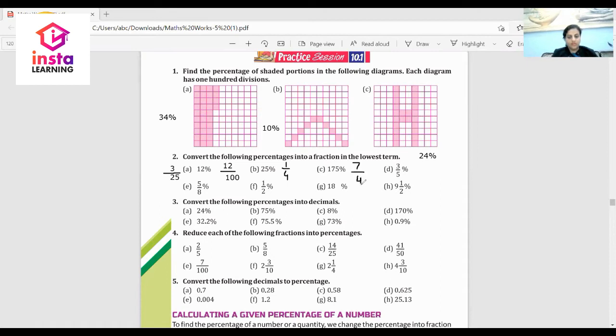And when we want to divide, we have to multiply. So the answer will come here. 3 upon 5 into 1 upon 100 is 3 upon 500. So this is the fraction of percentage. Every time you have to multiply and divide with 100 only. So 5 upon 8 into 1 upon 100 is 1 upon 160.